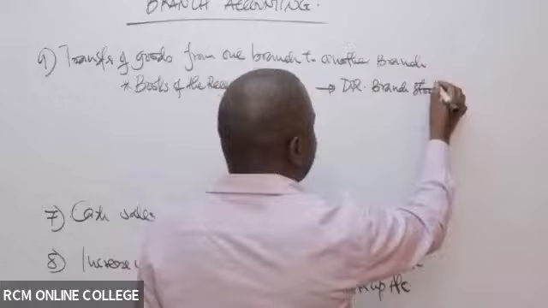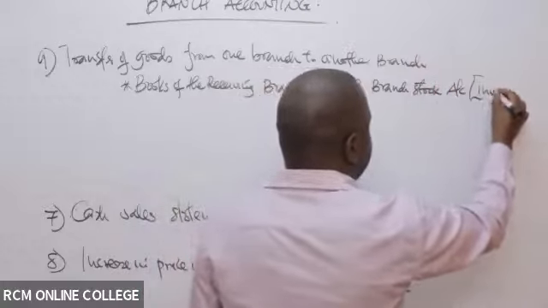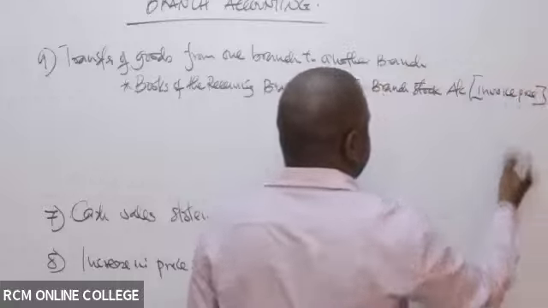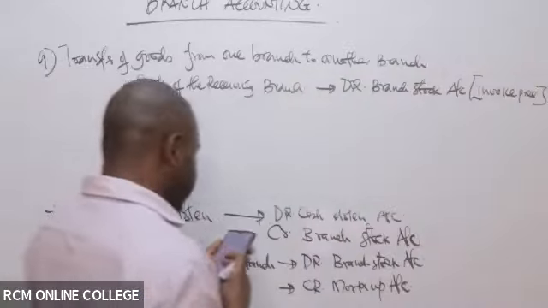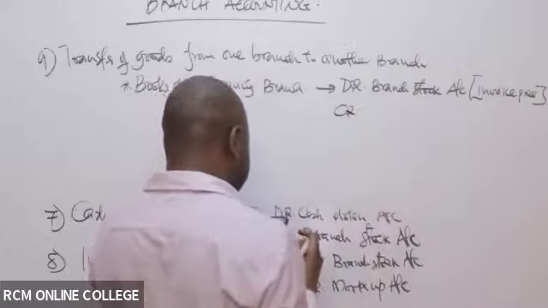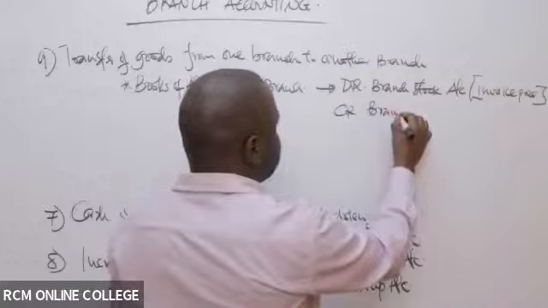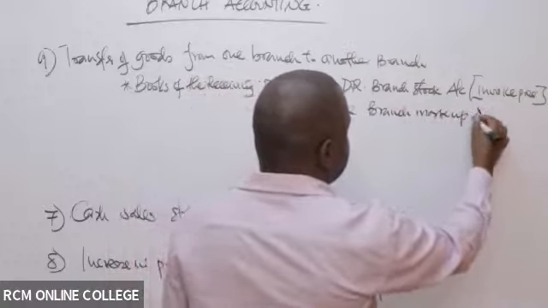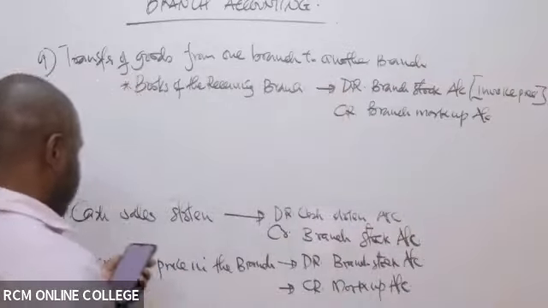It will be at the invoice price of these goods. Then you credit the branch markup account.